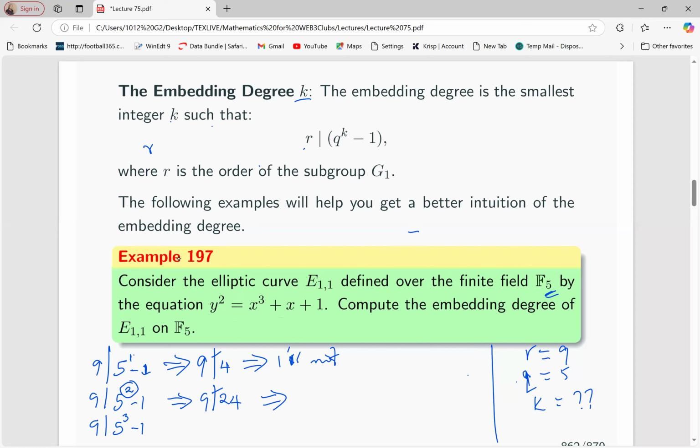So you're asking yourself, 5 raised to 3 minus 1, can 9 divide that? I can use my calculator here. 5 raised to 3 is 125, so when I subtract 1, I get 124. Can 9 divide that? 9 cannot.